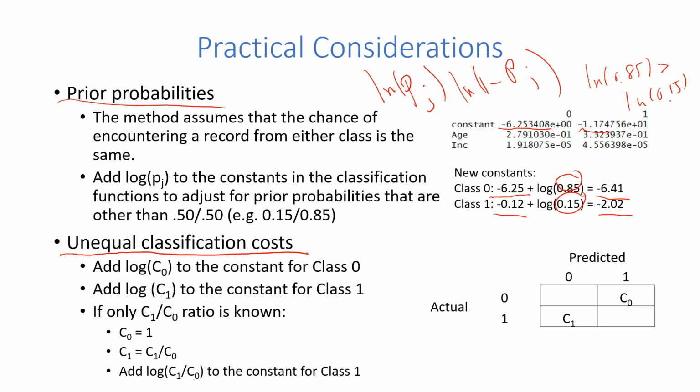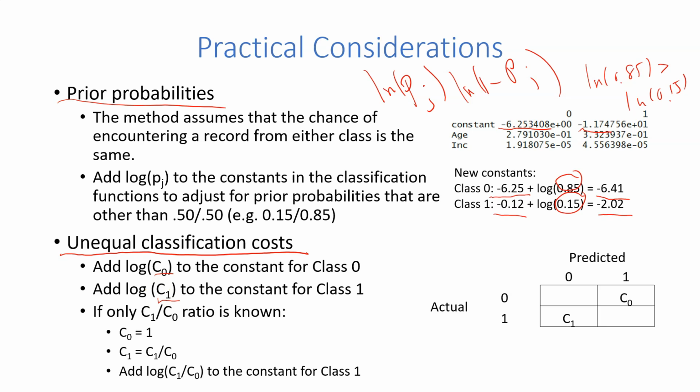For example, let's denote the cost of misclassifying a class 0 case as a class 1 case as C0, and the cost of misclassifying a class 1 case as a class 0 case as C1.